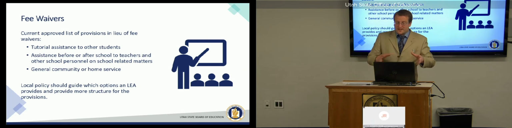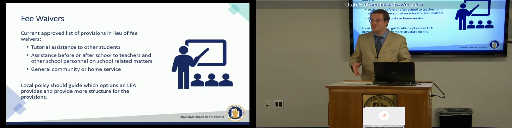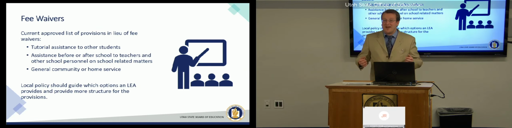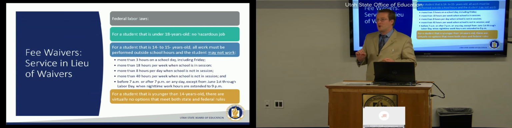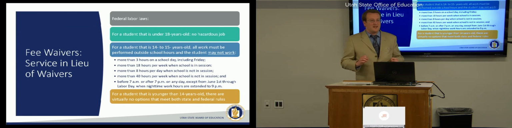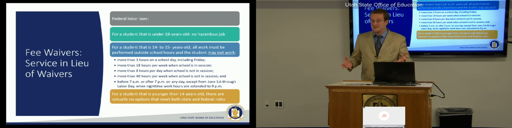What does need to be said is you do need to have a policy to guide this if you are going to be providing these options for the students. It does specify you have to have a policy on it, and it has to go with federal labor laws. This gets a little bit complicated for younger students. For the students under 14, we've been unable to find options that would meet both the school rules and the federal labor laws.